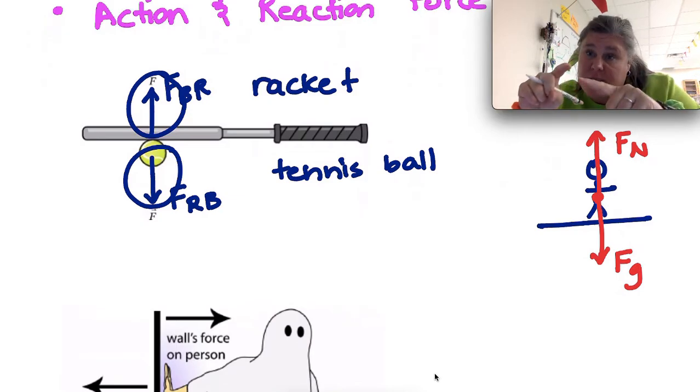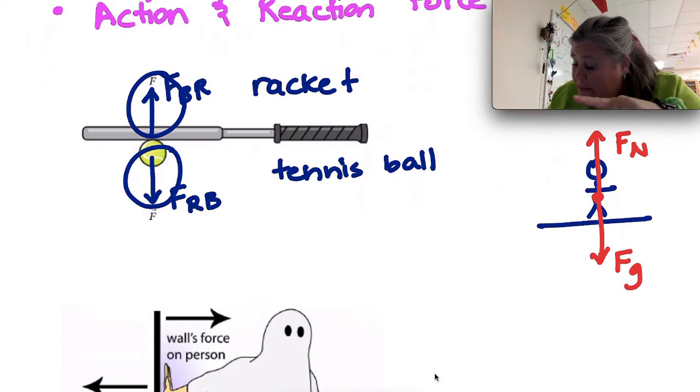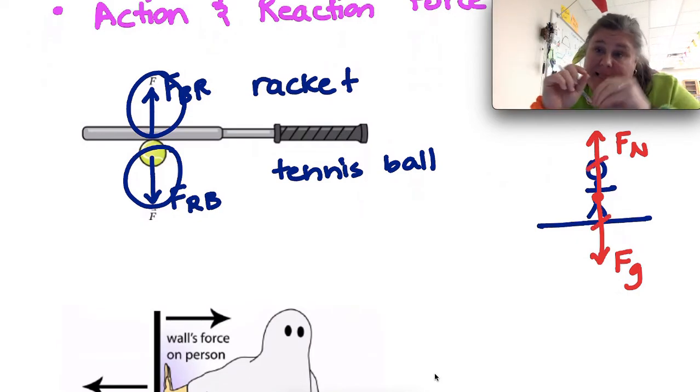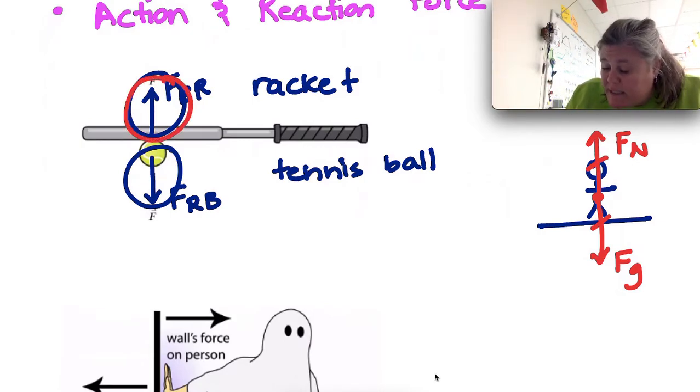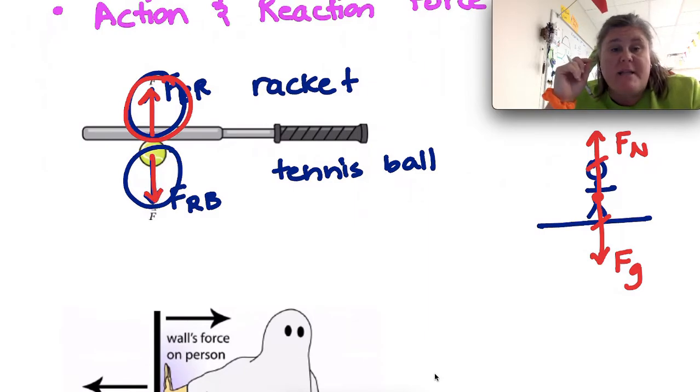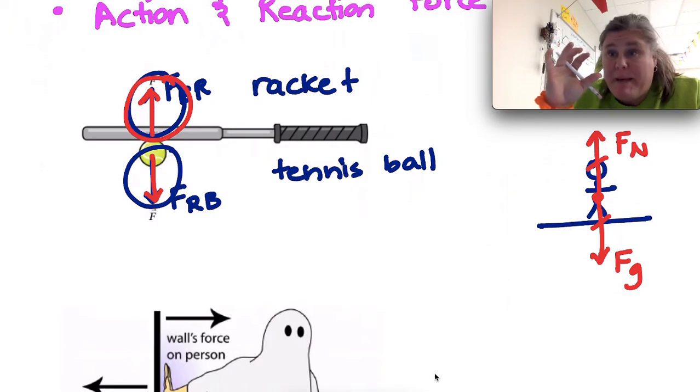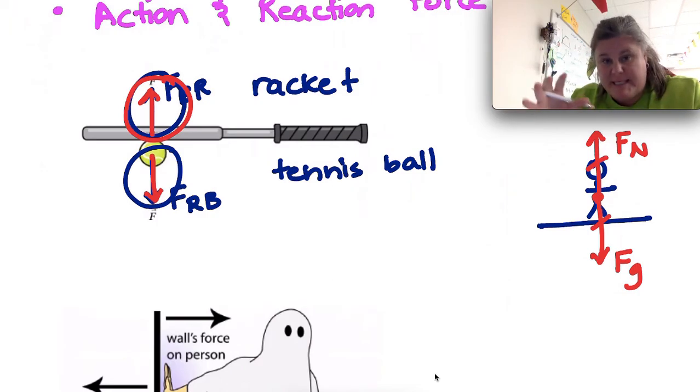Both of those forces are on that person. We would say that these forces balance each other out because they're both acting on that one person. These forces, this force is on the racket. This force is on the ball. Those forces don't balance each other out because they're on two separate objects. Let's continue.